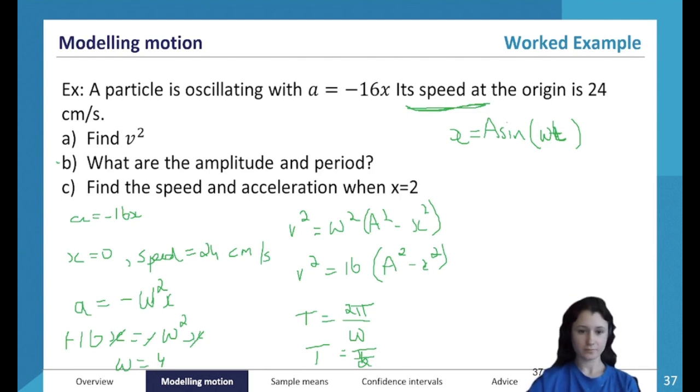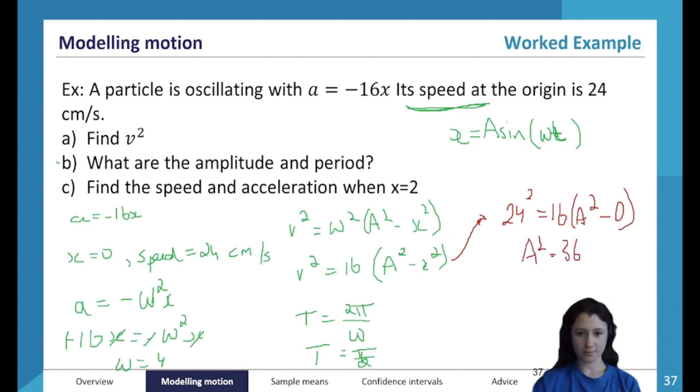So we can either figure out the amplitude using this equation here, or we can actually just use this one here, because we know that at the origin, at x equals 0, v squared is going to be equal to 24 squared minus 0. So we're going to get 24 squared divided by 16. So a squared equals 36, which tells us that a equals 6.